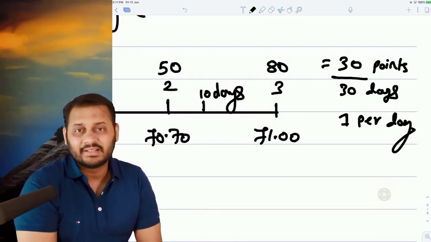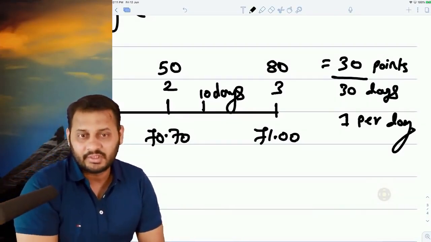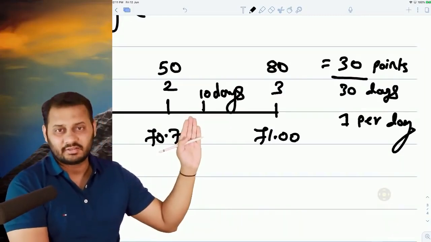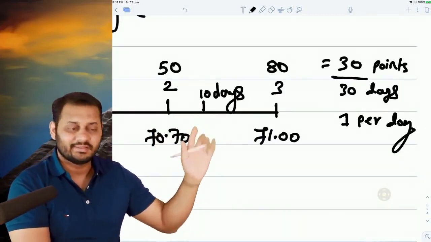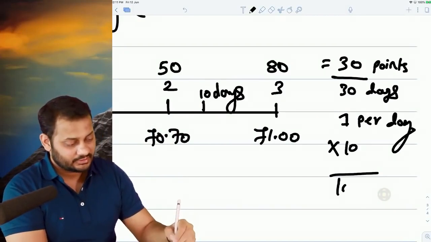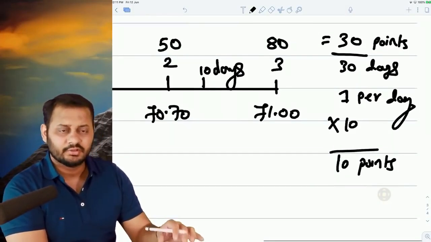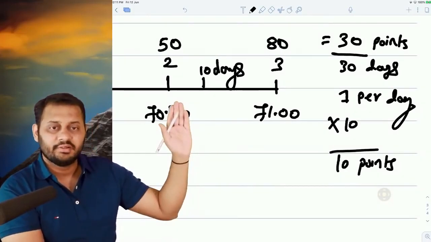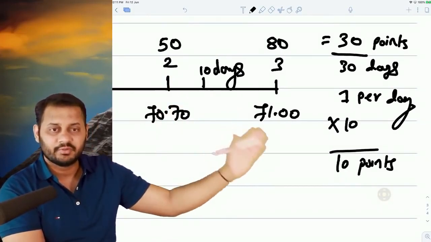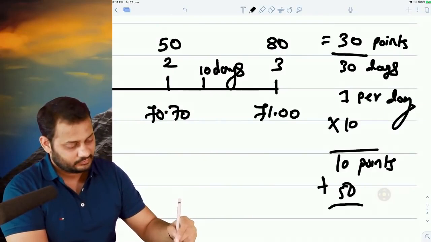It means the bank has added 1 point per day, and I want only 10 days extra. After 2 months, I want only 10 days. So multiplied by 10, that means I just have to add 10 points. So 10 points extra should be added to the 2 months. So it becomes 50 plus 10, 60.